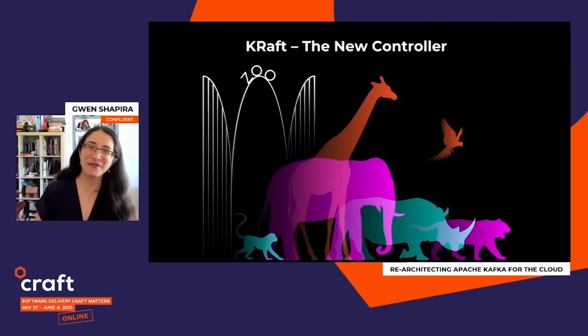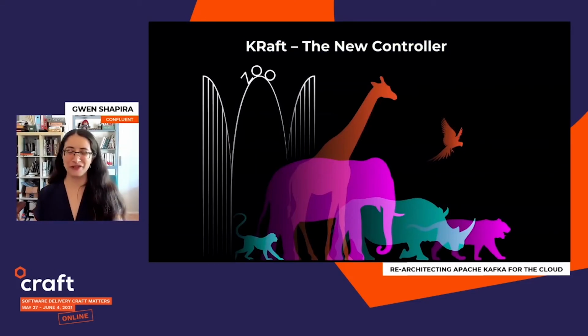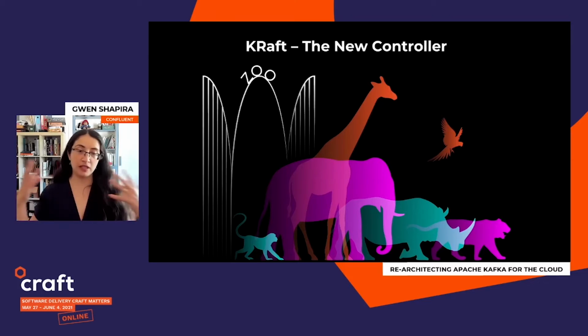Now to talk about the new controller. The main idea here was that Kafka's current controller uses Zookeeper to store all the metadata, all the state about the partitions, the brokers, the configuration. All of this is in Zookeeper.